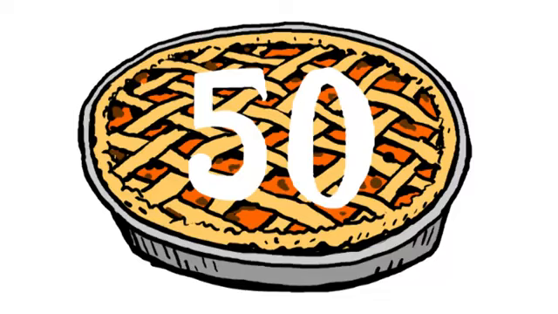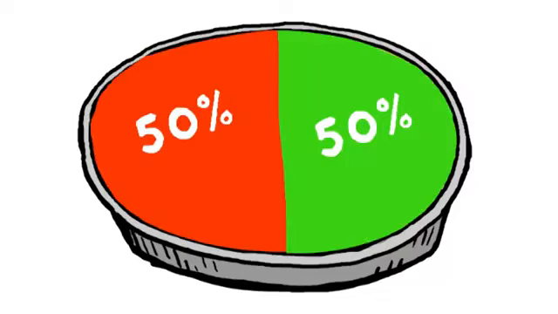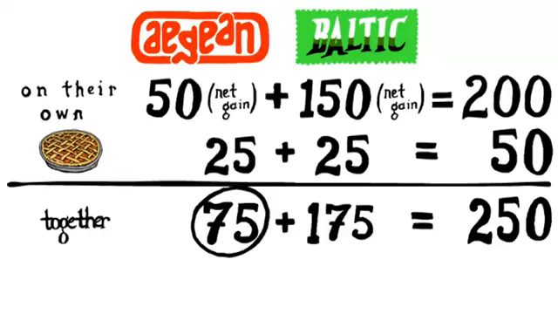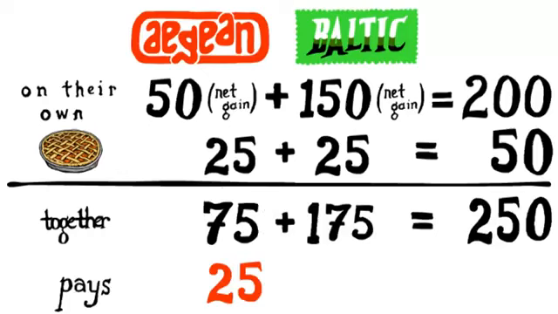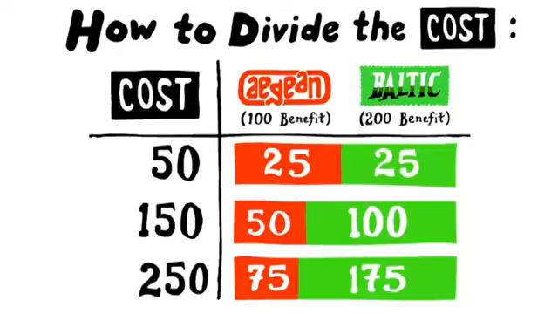And that's why I think the 50 should be split evenly between the two of them. At the end of the day, Aegean gets a net benefit of 75, which implies Aegean pays 25, and Baltic gets a net benefit of 175, which implies Baltic pays 25. And check it out, that coincides with the first line of our table.